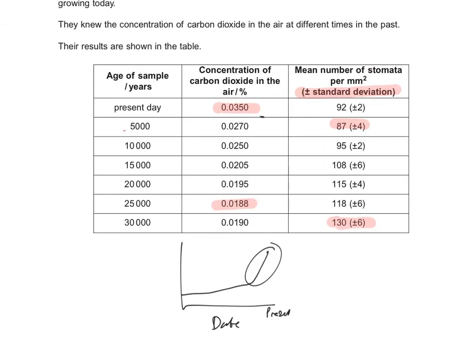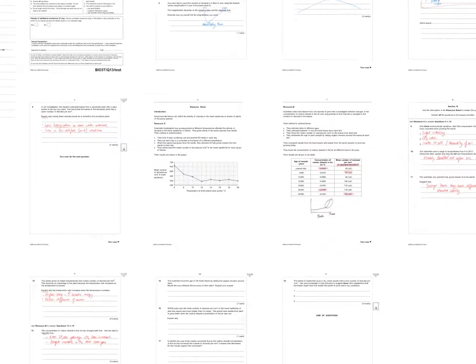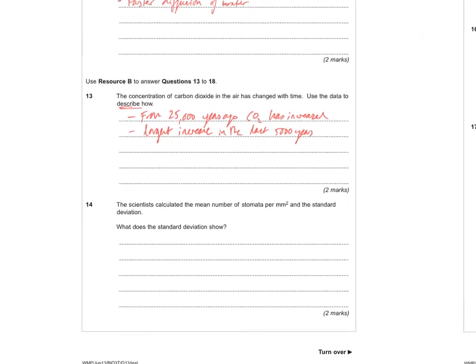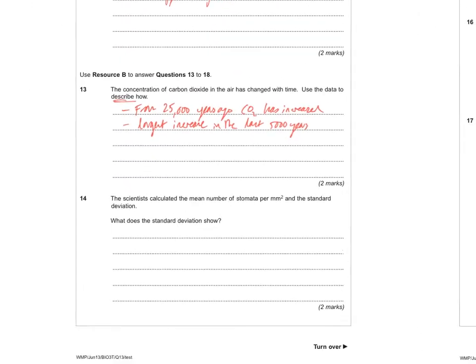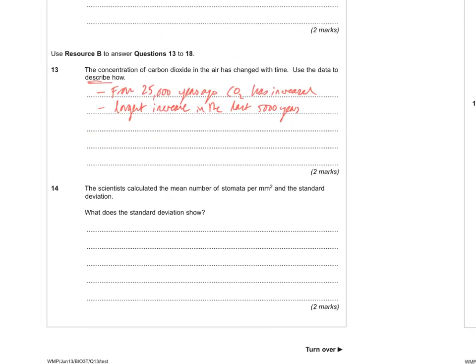Yeah, 5,000 to present day, it's increased the most. Yeah, that's good. People very rarely get 2 marks on those kind of questions. They'll say CO2 increases as time increases, and get it completely the wrong way around, because the data's talking about years ago, and the numbers are getting smaller, not bigger.